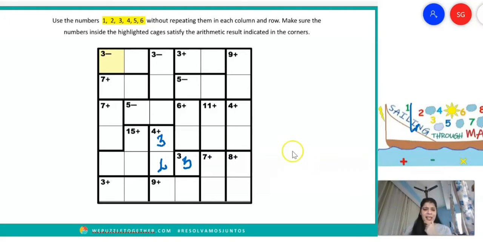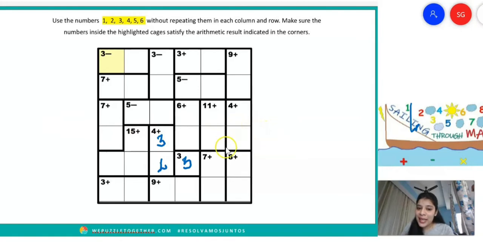Now let me see, do I have any other operation where I have to add two numbers and get my result as 4? When you check, you will find one more cage where you have to add two numbers and get their summation as 4. So I'm going to take this cage now. See, in the fourth row, I have already placed the number 3.